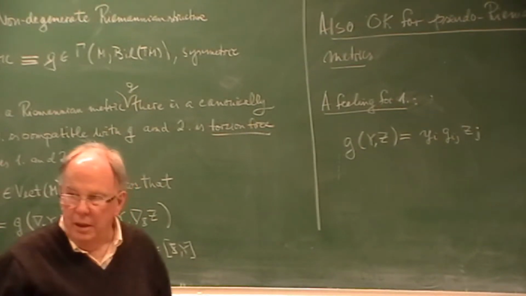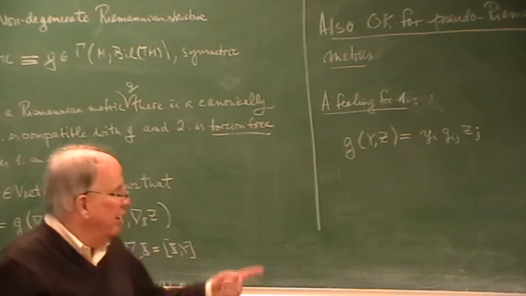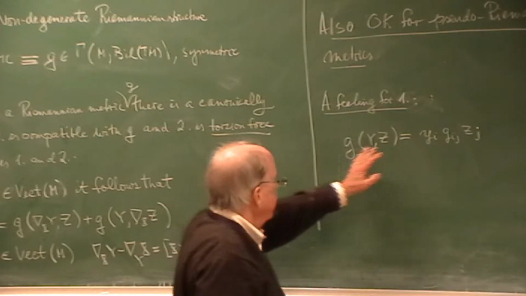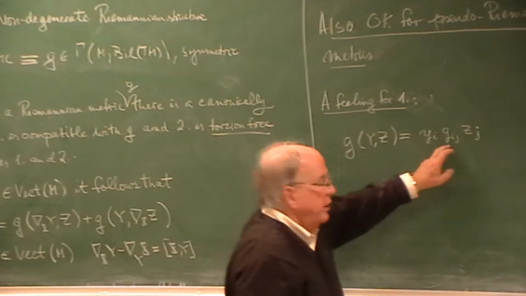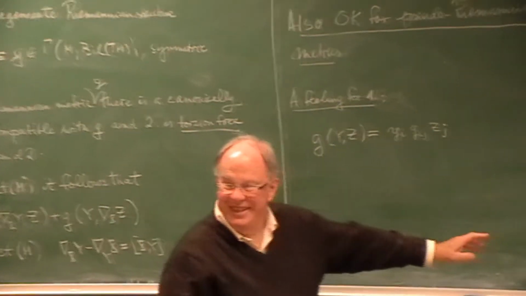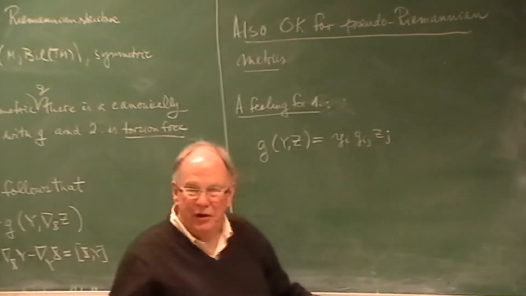Okay. And now everything is varying. The vector field y is varying over the manifold. The metric is varying over the manifold. The vector field z is varying over the manifold.